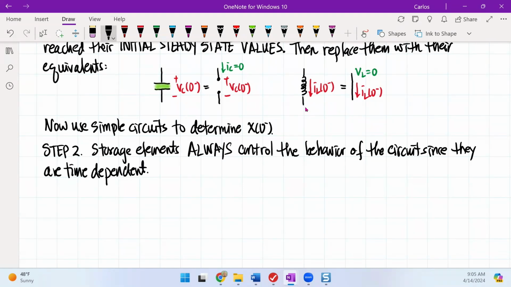Sources aren't time dependent. While there are some, resistors and everything else are not time dependent.